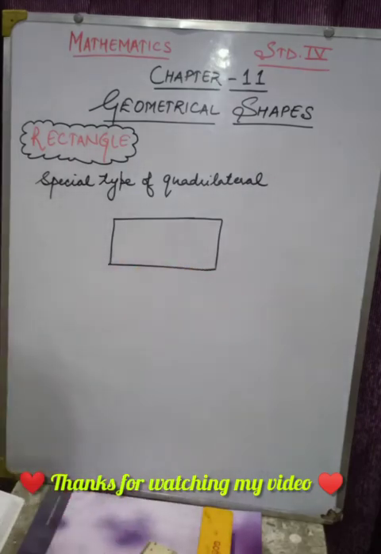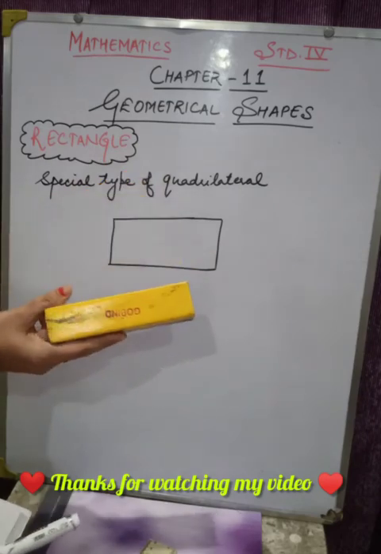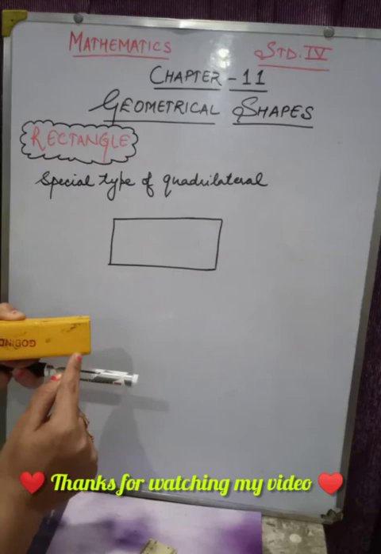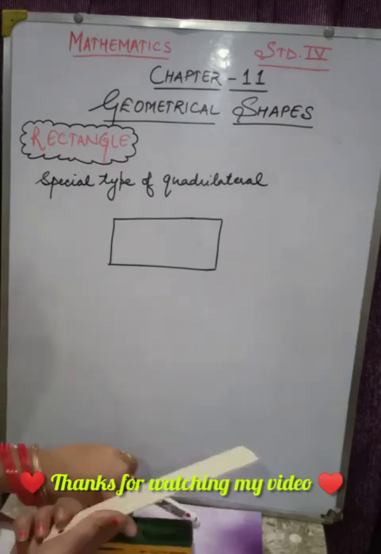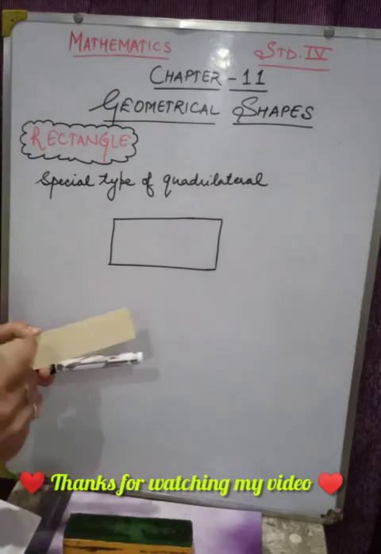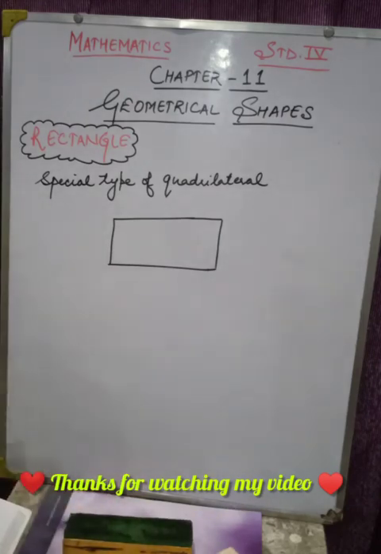This is the shape of a rectangle. My duster is also in the shape of a rectangle. The front side, the flat side, is also the shape of a rectangle. This square is also in the shape of a rectangle. So let's start the properties.